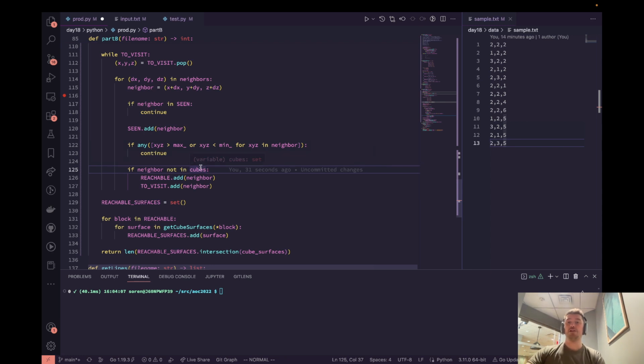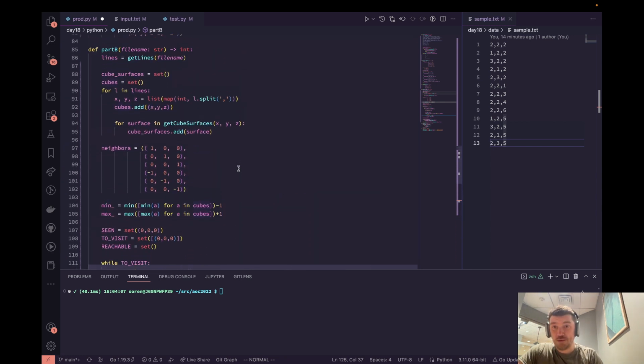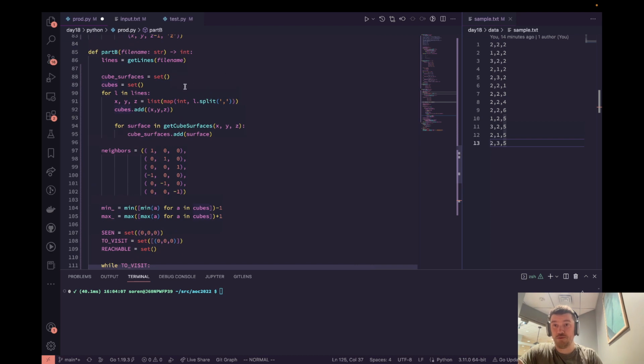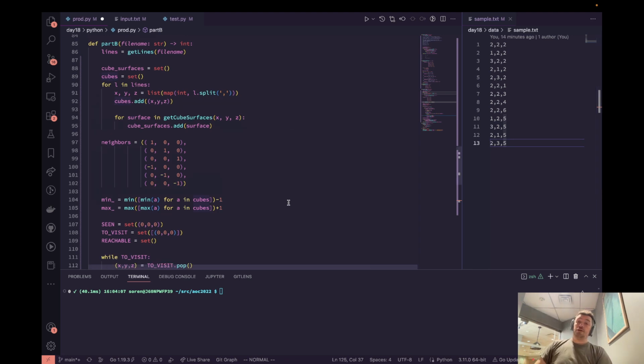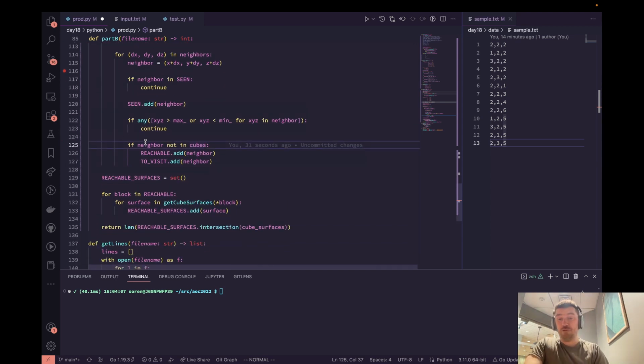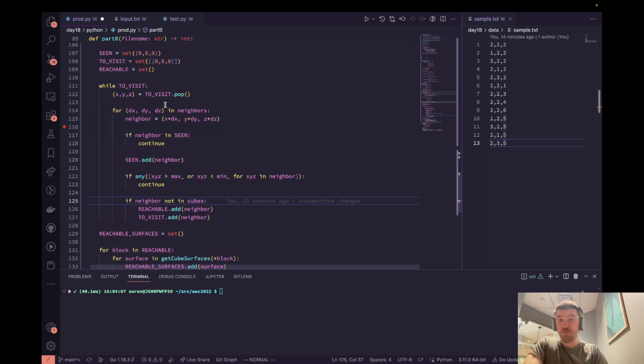right, yeah. So cubes is the set that we created up here, when we went through all of the input. So we created a set that has all the cubes in it. And we start from 0, and then we work our way out. If the neighbor that we're looking at right now is not in cubes, that means that it is reachable, right?